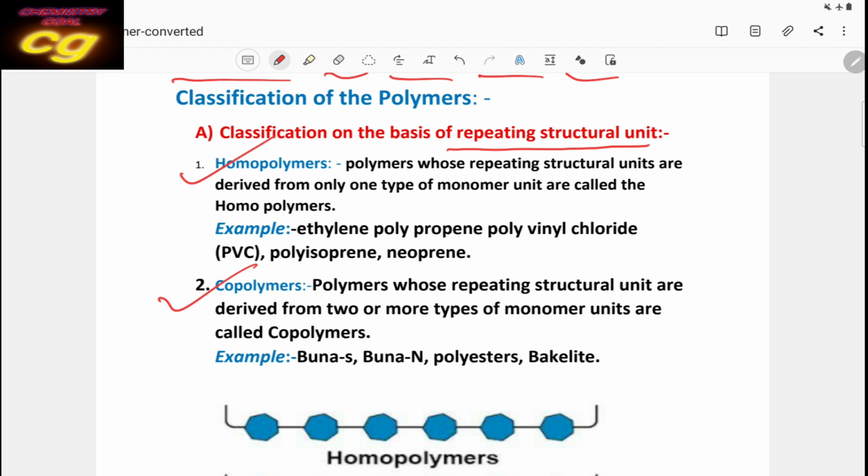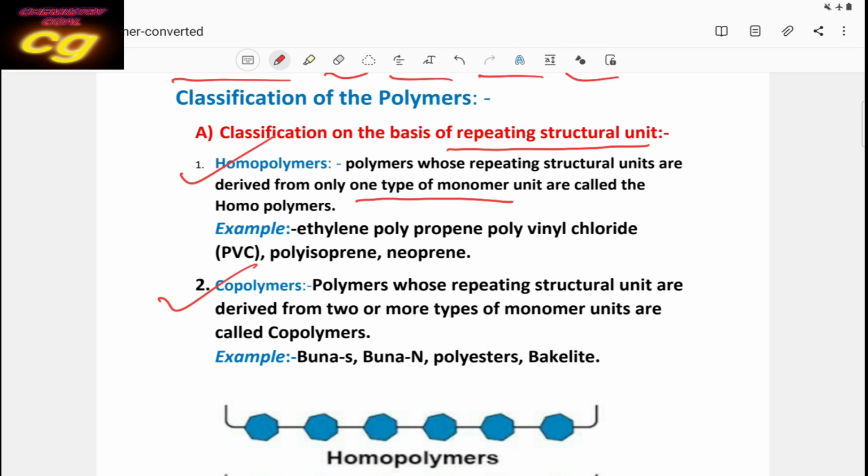Homo means similar. So when the polymer is produced by the combination of similar units, the same type of smaller units repeating, these are called homopolymer. They are produced from one type of monomer, no different monomers are used.